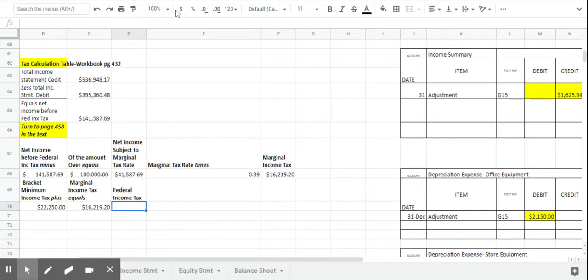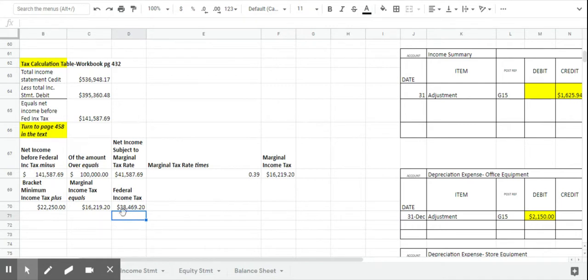I'm gonna make this dollar sign too. So here's what we owe minimum plus this marginal tax, so equals this plus this. We owe $38,469.20 in total tax for the year.